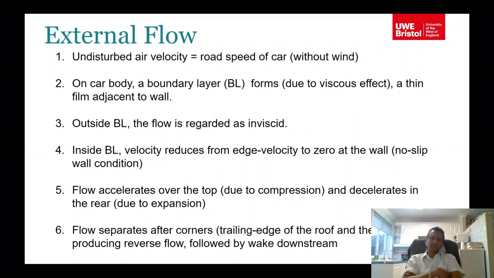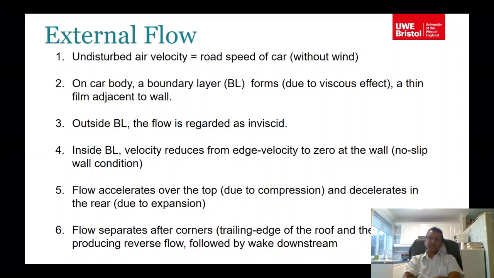So for example, if a car is moving at 100 kilometers per hour, the boundary layer is where you have the air velocity at 1 kilometer per hour. Did you get that? That means the car is moving and the air is stationary.